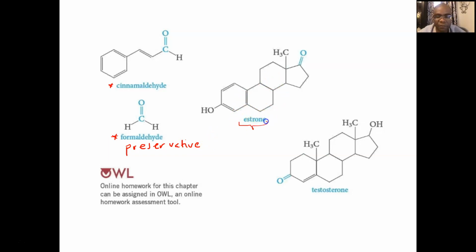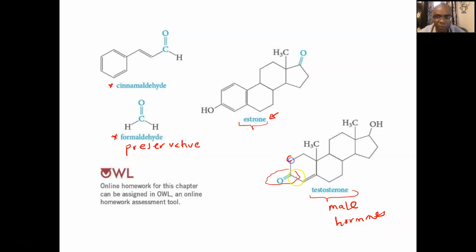You have estrone, which looks like part of the hormone estrogen, and then you have testosterone, which of course is seen in male hormones, and is found in an organism. So the testosterone is a ketone.